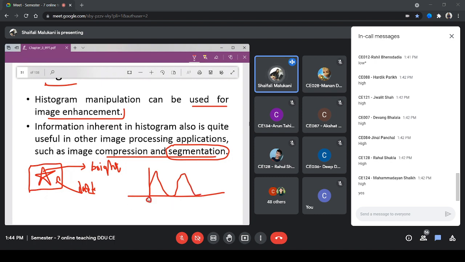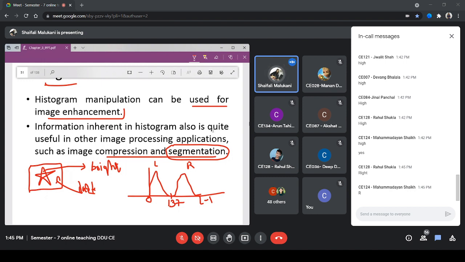This is intensity 0, this is intensity L minus 1, say 137, this is 255. Tell me, does the left peak or right peak indicate foreground? The right peak indicates foreground.